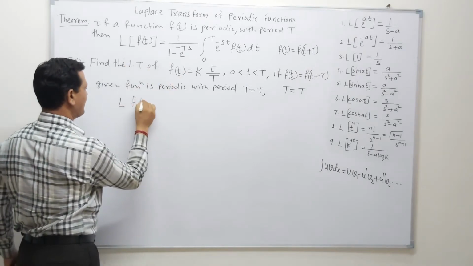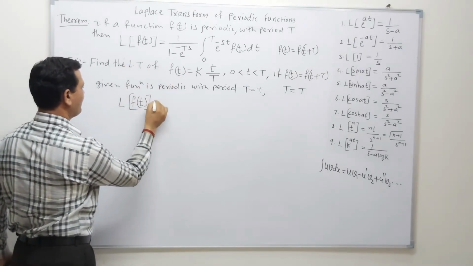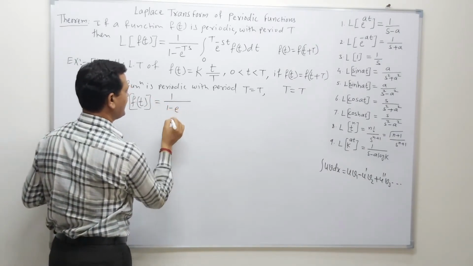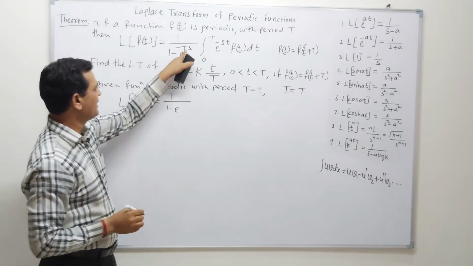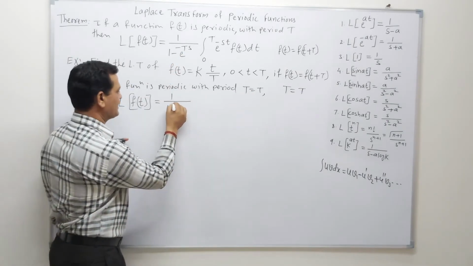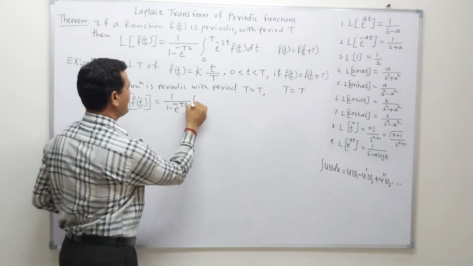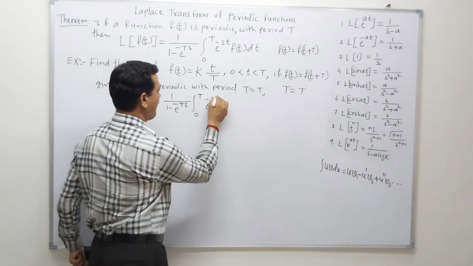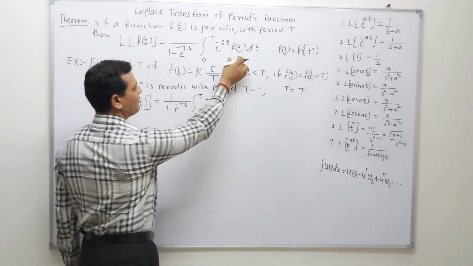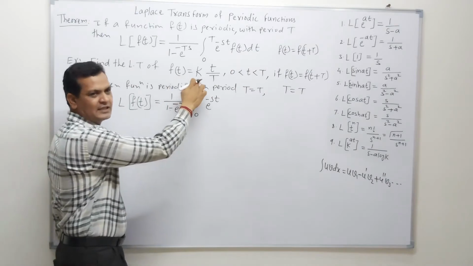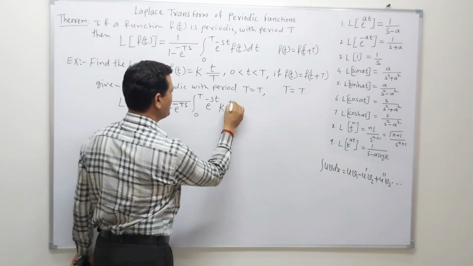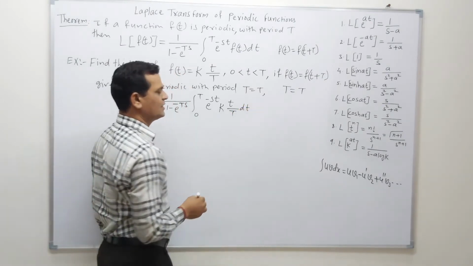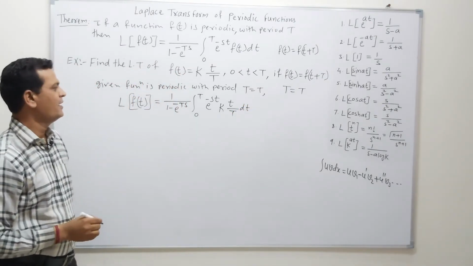So we write this as Laplace transformation of f of t is equal to 1 upon 1 minus e raised to minus Ts, since capital T is itself, then integration 0 to T, then e raised to minus st as it is, and put the value of f of t, which is k into t upon capital T, then into dt. So this is the given value for the function f of t.